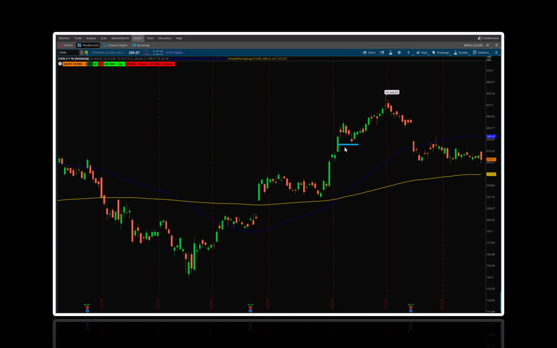When I'm starting to get below more than half, and I'm starting to see prices move down lower and lower, I'm almost expecting that we're going to violate the low of this candle, and we're going to start to form another leg down, maybe a retest, and then lower.